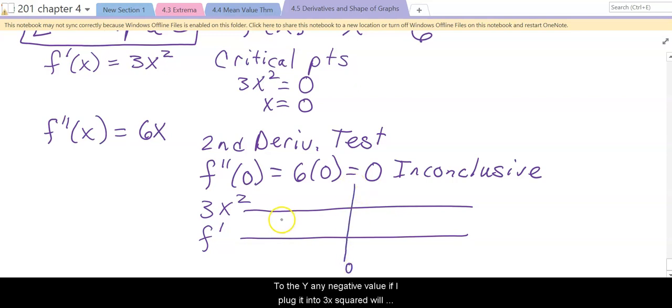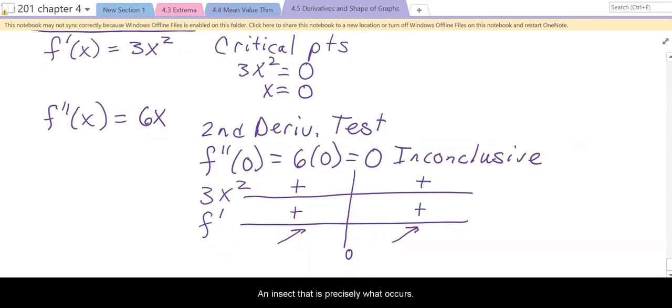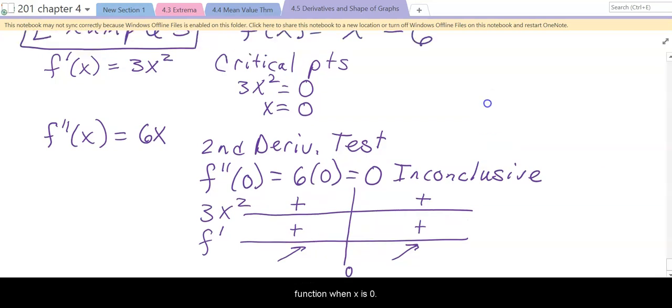To the left, any negative value, if I plug it into 3x squared, will still be positive, and same on the right side. This means that my first derivative must be increasing in all places. What must be happening at 0 is I must have a saddle point on the graph. And in fact, that is precisely what occurs. There is a saddle point in the graph of the original function when x is 0.